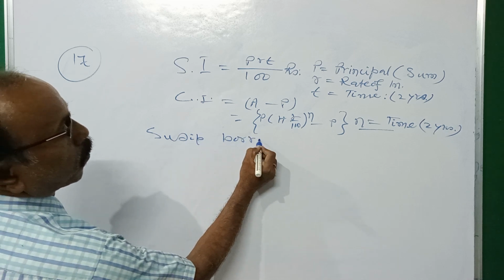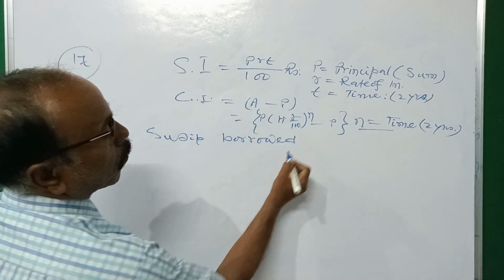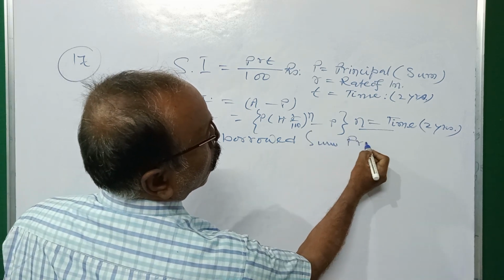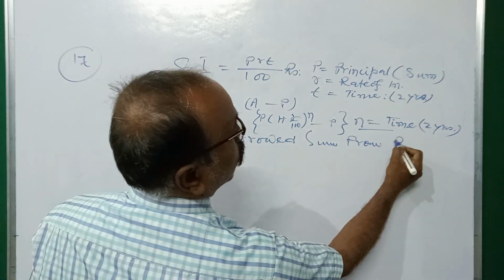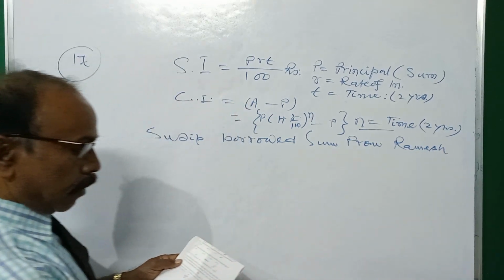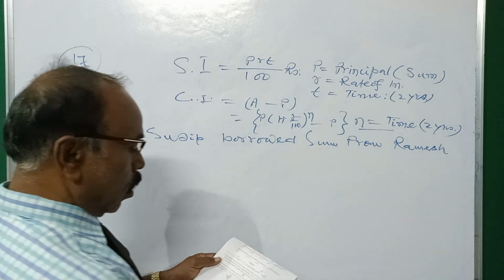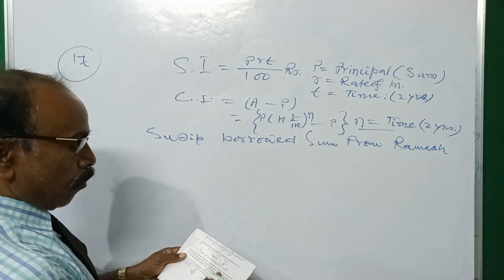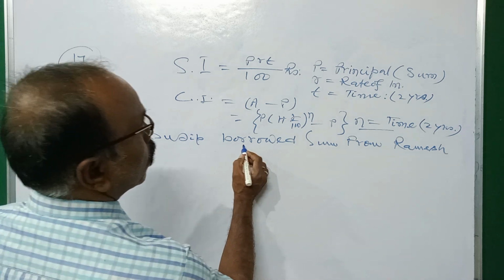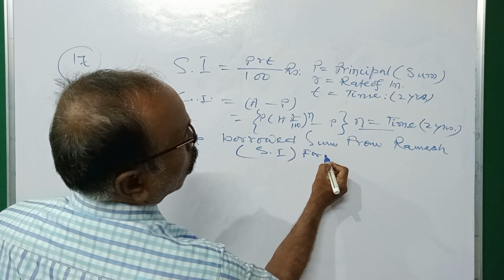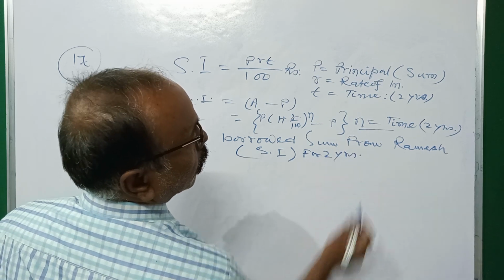Sudeep borrowed the sum from Ramesh. Here, Sudeep borrowed the sum for 2 years at simple interest from Ramesh. This is borrowed at simple interest for 2 years. Am I clear?